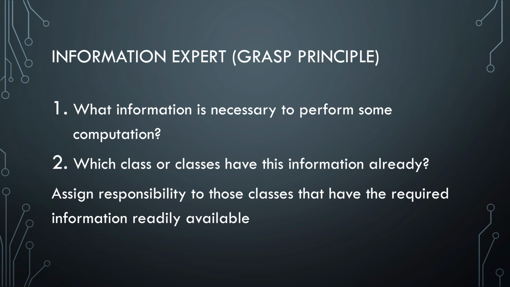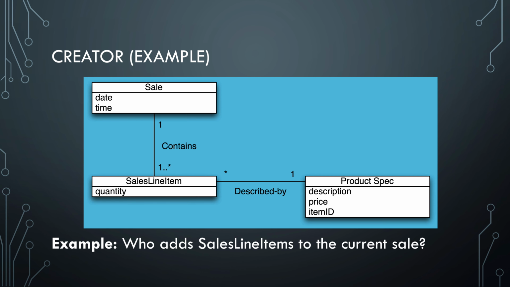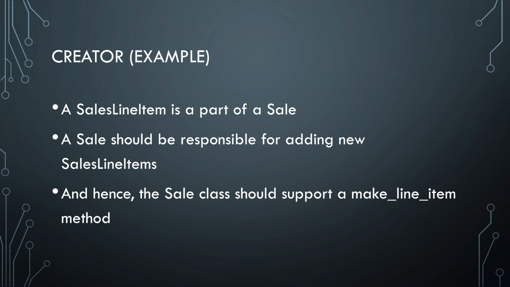Let's look at the same example, but from a creator principle point of view. Who should create sales line items? A sales line item is part of a sale, and therefore the sale should be responsible for creating them.